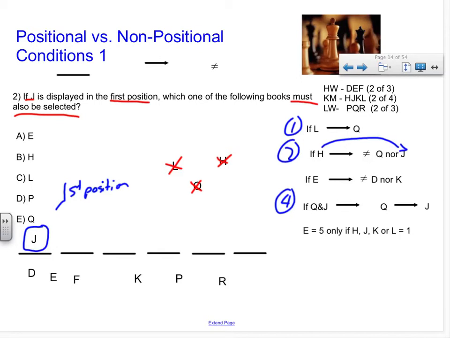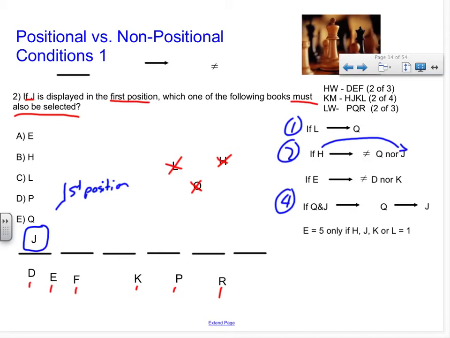If E, then can't equal D nor K. So let's count how many letters I have left. I have 1, 2, 3, 4, 5, 6.